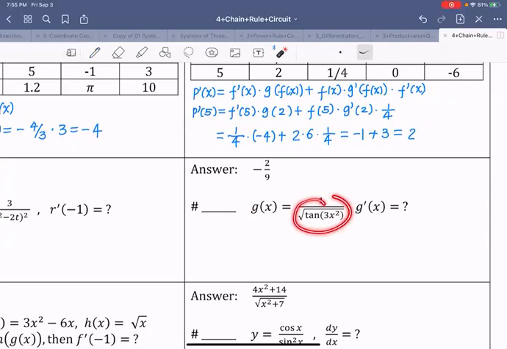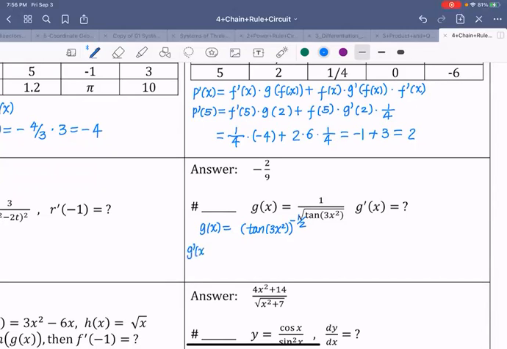We want to rewrite this first. So it's tangent of 3x squared to the power of -1/2. Okay.